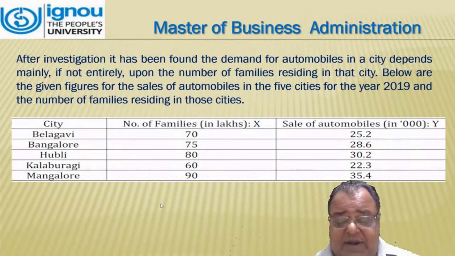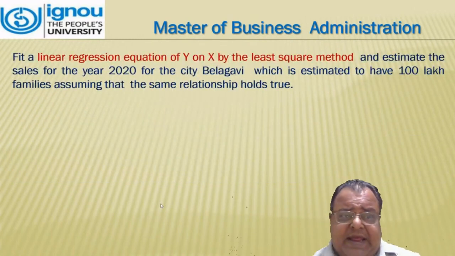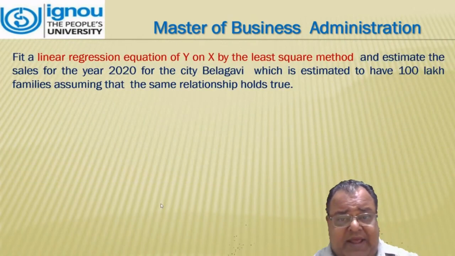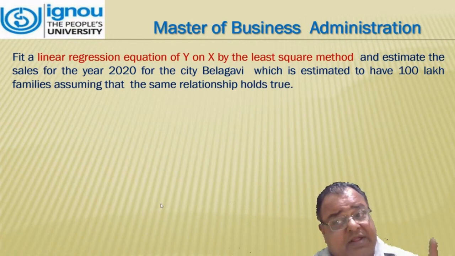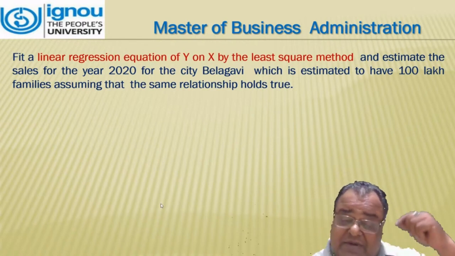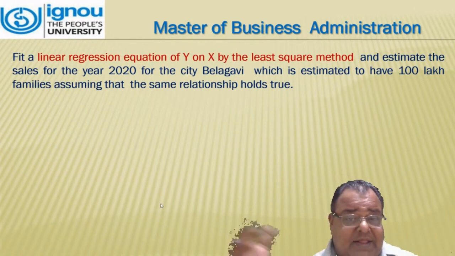Now we have to fit a linear regression line of y on x by the least square method. And we have to estimate the sales for the year 2020 for the city Belagavi, which is estimated to have 100 lakh families, assuming that the same relation holds true. What we have discussed in theory, now we will see how it is practically employed in the industry.